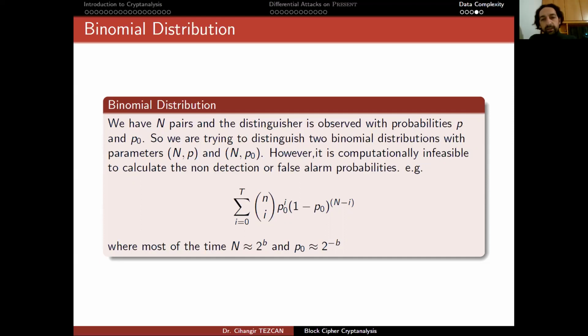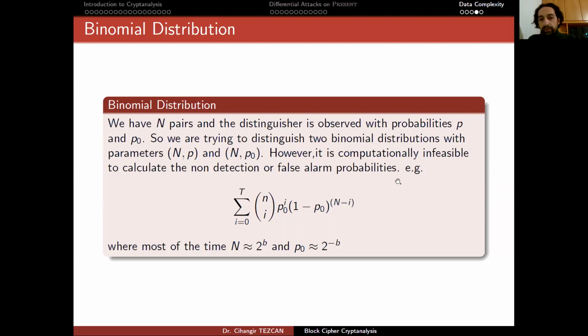But if it is a key recovery attack, P becomes the probability of observing the distinguisher for a wrong key, and P0 is the probability of observing the distinguisher for the correct key. So we are trying to distinguish two binomial distributions with parameters NP and NP0. However, it is computationally infeasible to calculate the non-detection or false alarm probabilities.